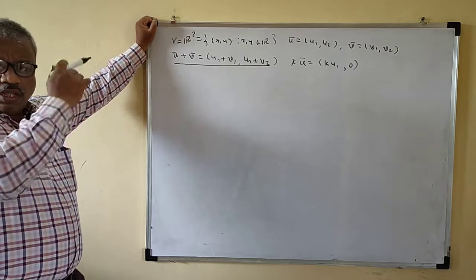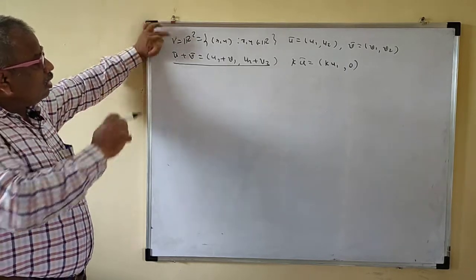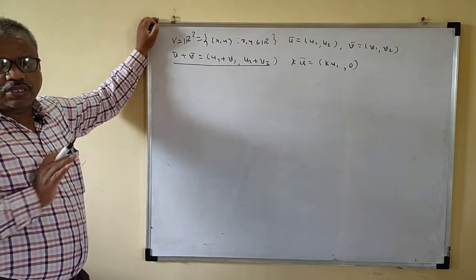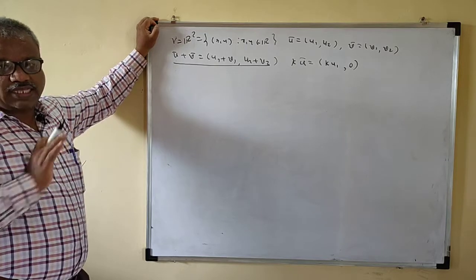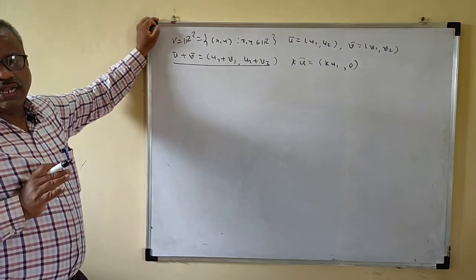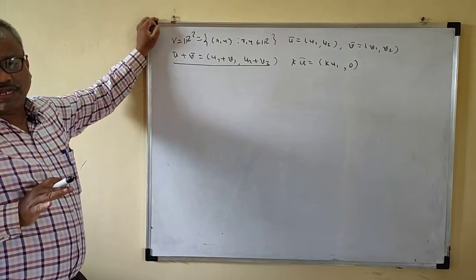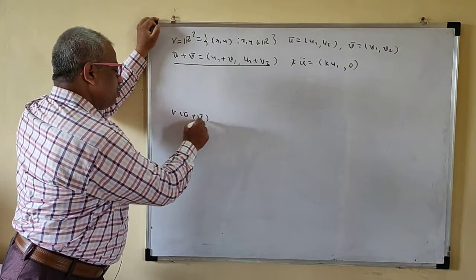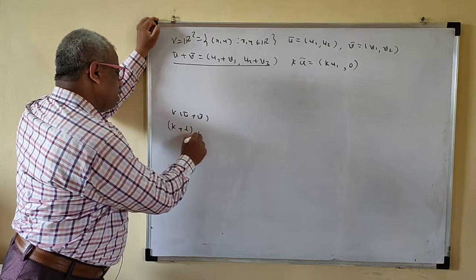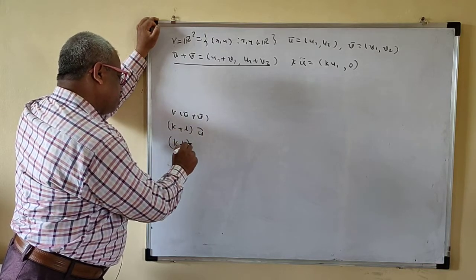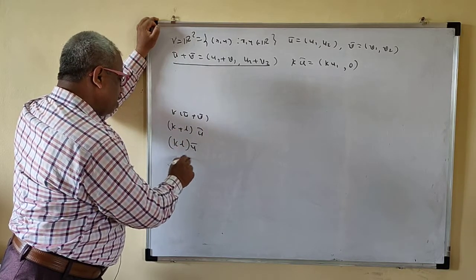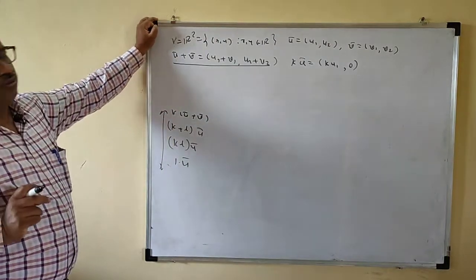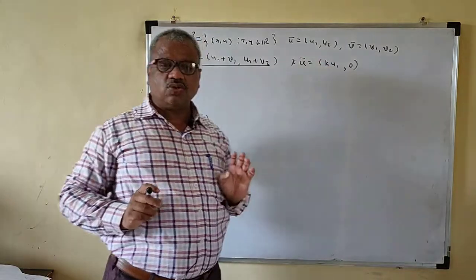The 7th is k into (u bar plus v bar), then (k plus l) u bar, then (kl) u bar, and 1 into u bar. Check only these 4 axioms, since your scalar multiplication is not usual.